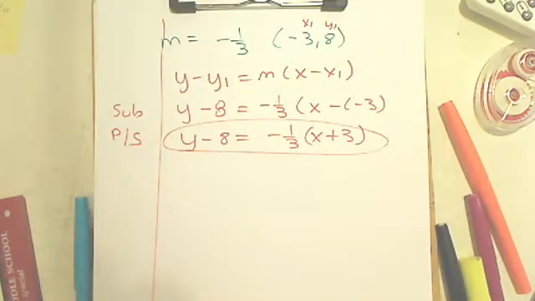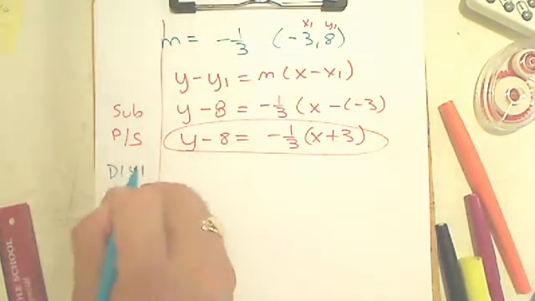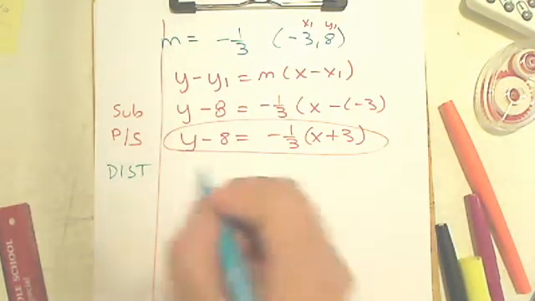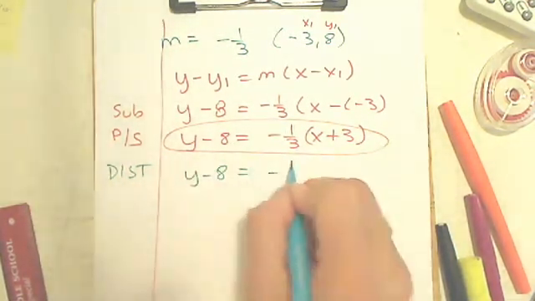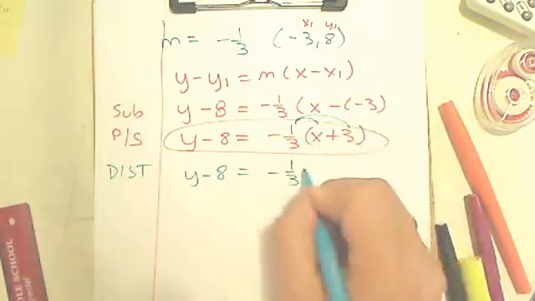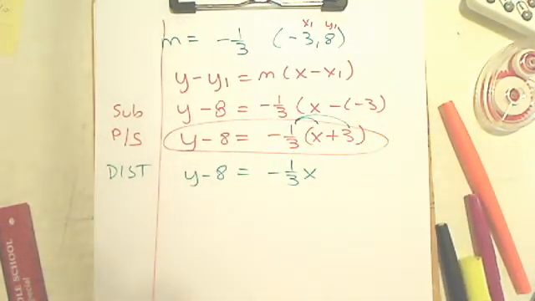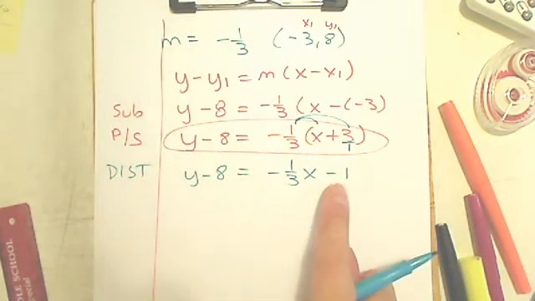If I were to go another step, I would have to distribute. Y minus 8 equals negative 1/3 X. Be careful about the next one. Minus 1. The 3's cancel out, the 1's cancel out. Negative and a positive makes a negative. Questions on how we got negative 1?